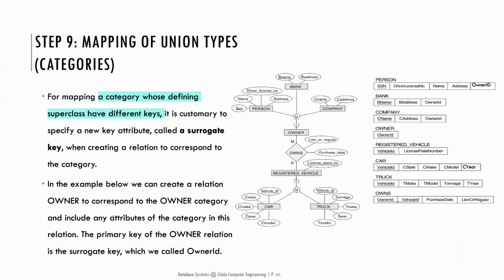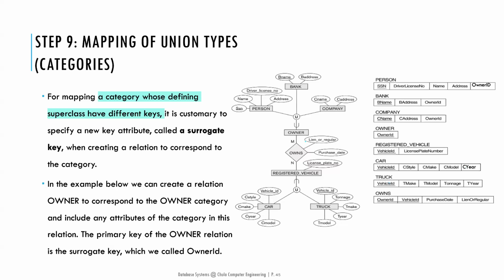Okay. And finally is the mapping of union types, all right? For union types, you have many categories, you have many superclasses, right? When you have many superclasses, we will do something called a surrogate key. Let's take a look at this.